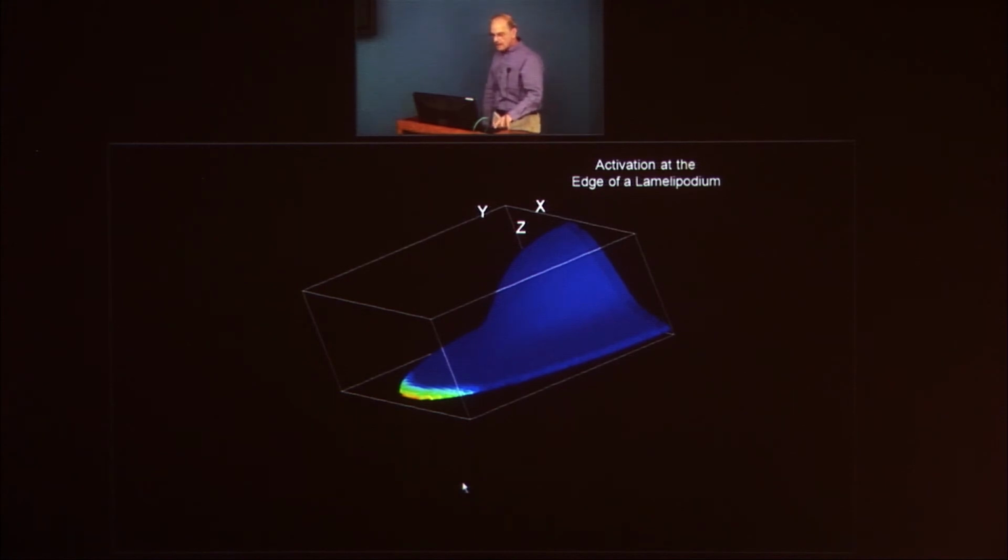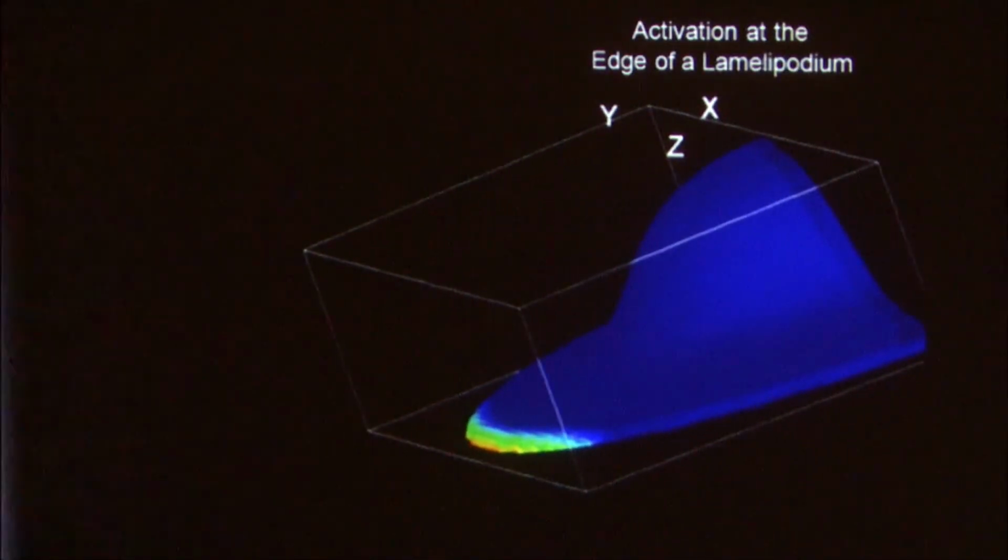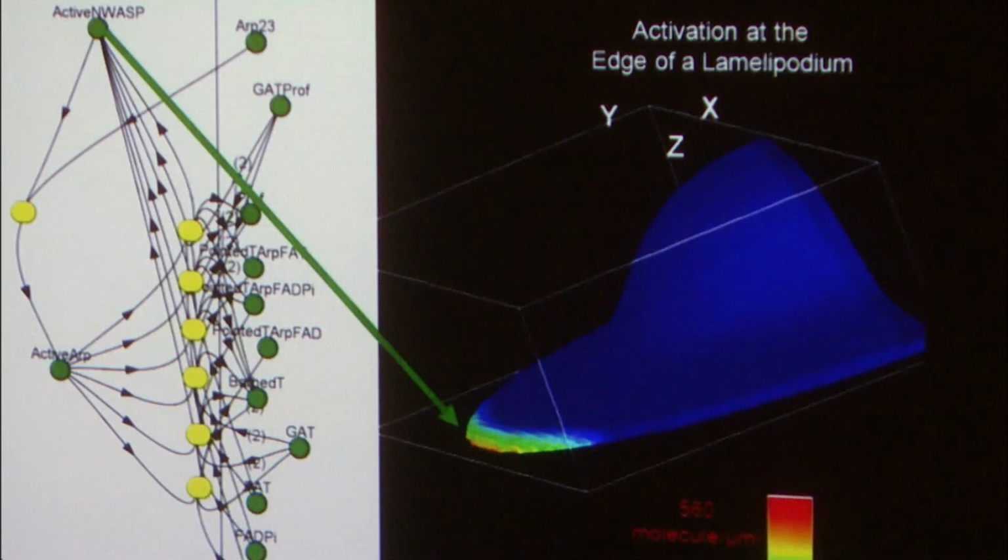We can then solve that model using ordinary differential equations for an average size cell, but we can also project it onto a geometry. And this is not a microscope-derived geometry. This is an analytical geometry that we created to sort of represent a cell migrating along a surface.